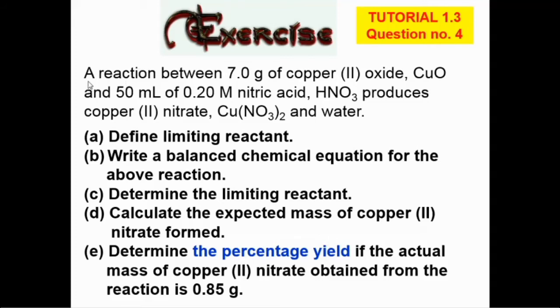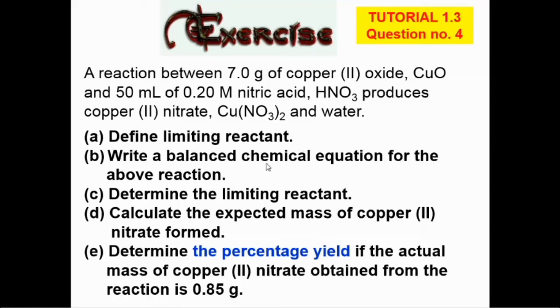Let's say we have a reaction between 7 grams of copper 2 oxide, the molecular formula CuO, and 50 ml of 0.2 molar nitric acid, which produces copper 2 nitrate and water. The first question, A, define limiting reactant.